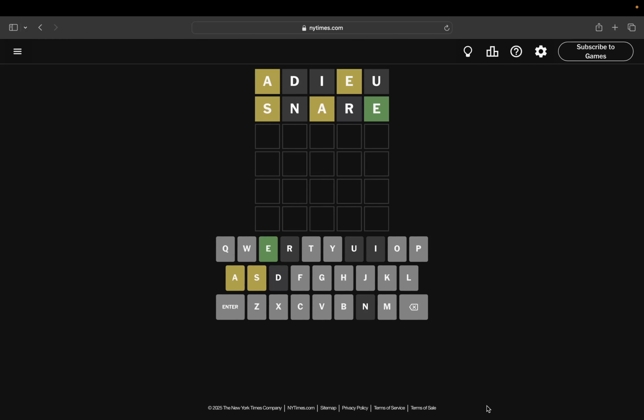The A is probably the second letter because not a lot of words end in AE. Off the top of my head, I'm not thinking of any, assuming there are only two vowels, which isn't necessarily the case. We know it's not here, so let's put it here. So let's just use this X as a placeholder.